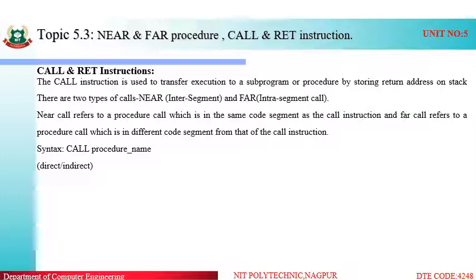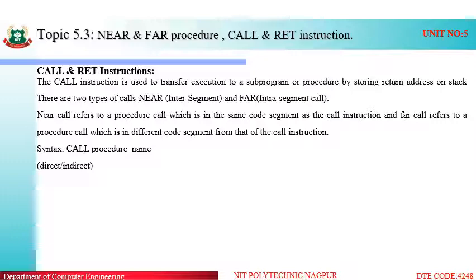That means whenever the main program and the subprogram, that is our procedure, are placed inside the same memory segment, then we will use near call. When the main program and subprogram are placed in different memory segments, at that time we will use far call.